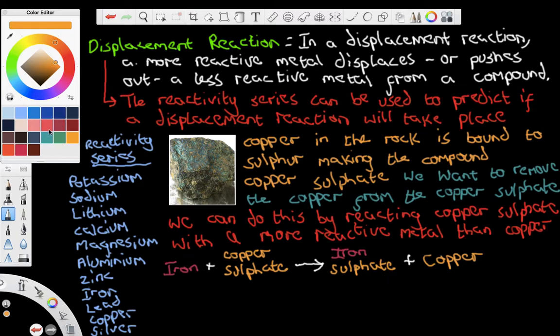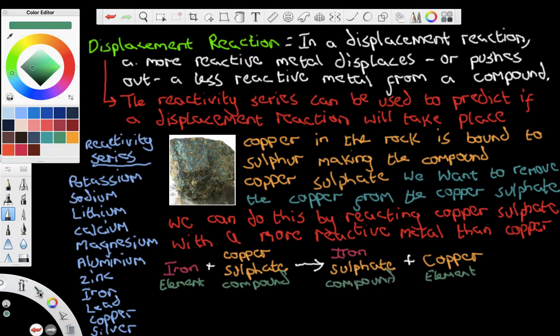So just for your reference, going back to what we said in the first slide, this is an element and copper is an element. Copper sulfate, because it's got two parts to its name, is a compound, and iron sulfate has two parts to its name, so that is a compound.